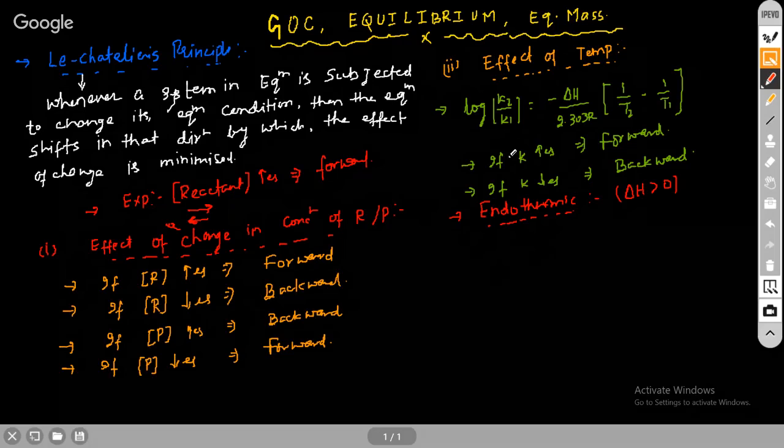This equation says K2 is the equilibrium constant at temperature T2 and K1 is the equilibrium constant at temperature T1.